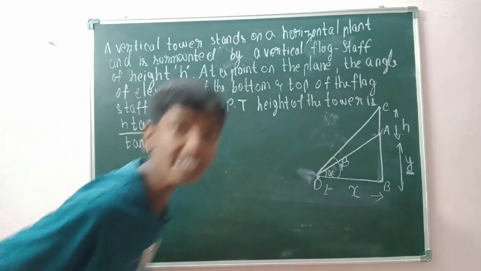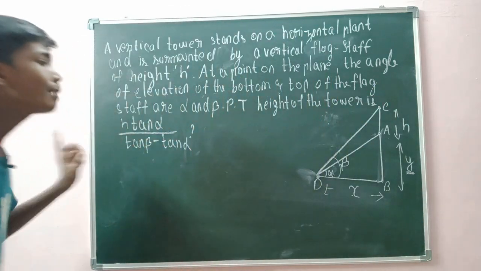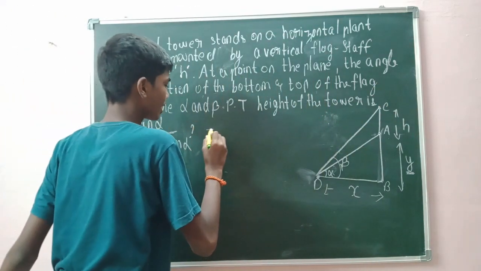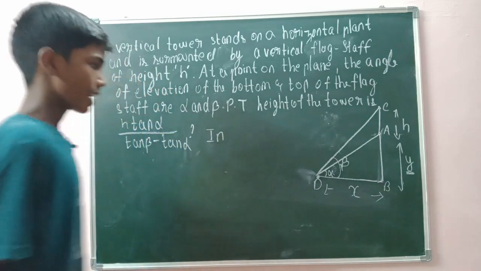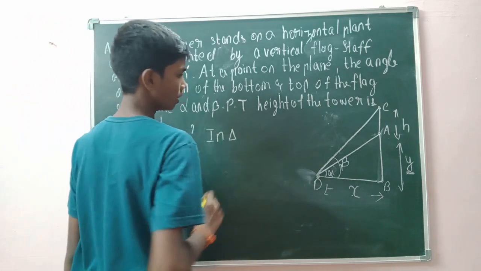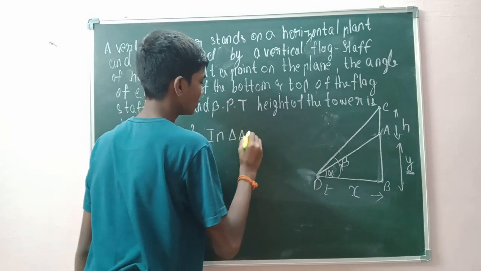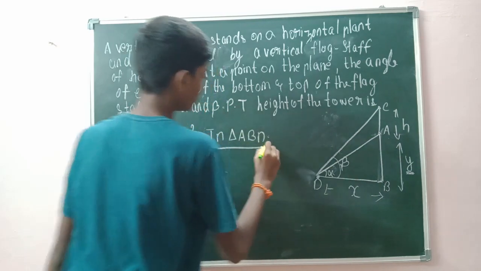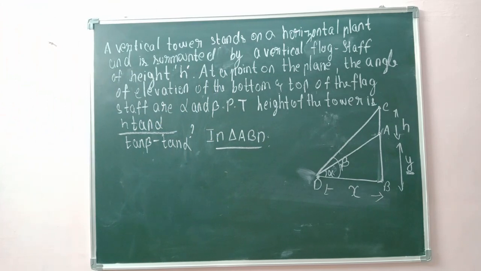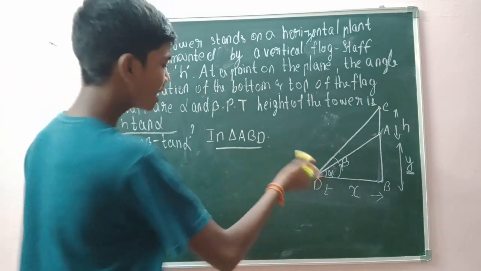Let me solve it very quickly. Let me take the small triangle. In triangle ABD, the small triangle whose angle of elevation is alpha, let me find the value of tan alpha.